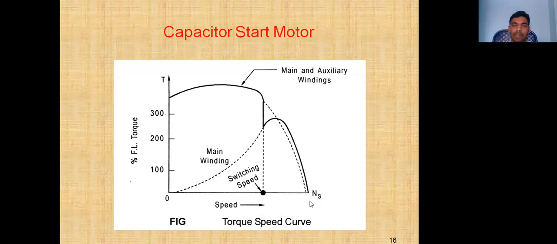When the motor picks up 80% of its rated speed, the auxiliary winding is cut off and the characteristics follow the main winding only. This is the characteristic of the capacitor start motor.